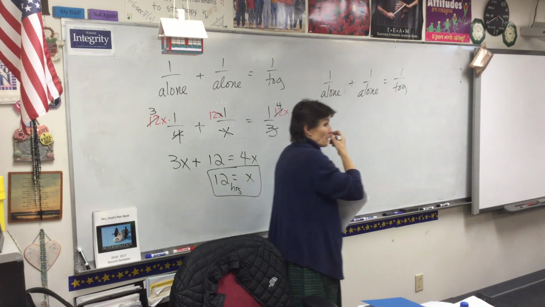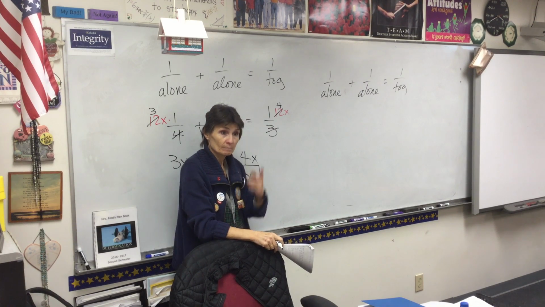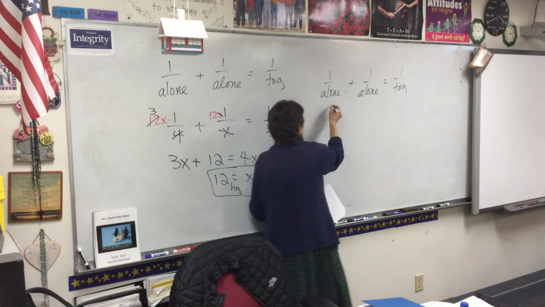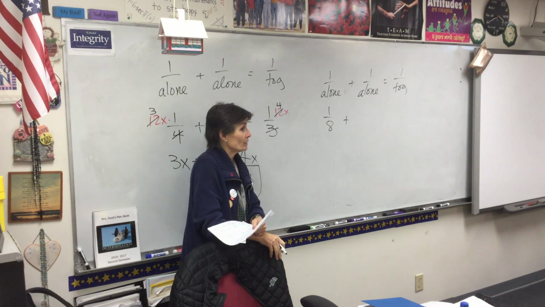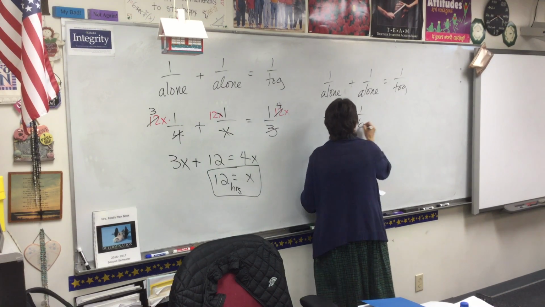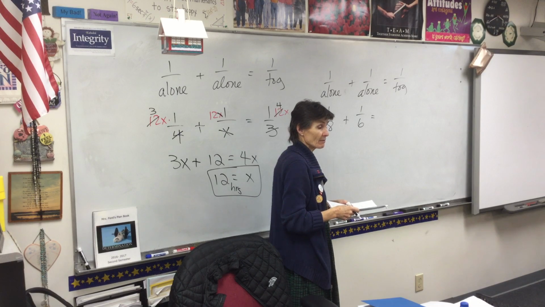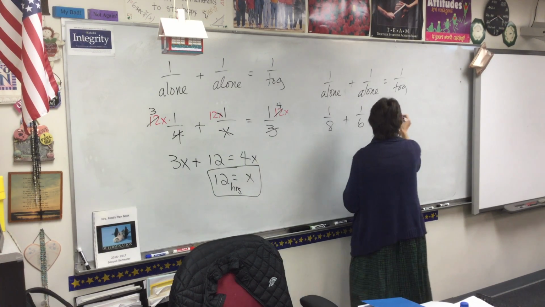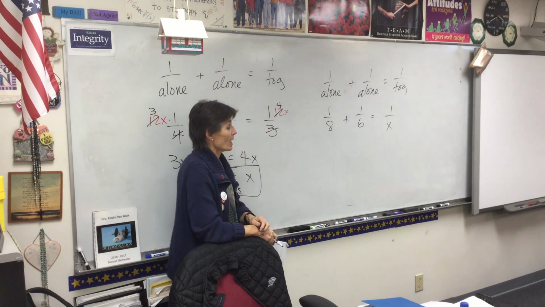Grant can do it in 8 hours, so it'd be 1 over 8. Plus 1 over 6, since Matt can do it in 6 hours. And 1 over x is what we're looking for, their time together.